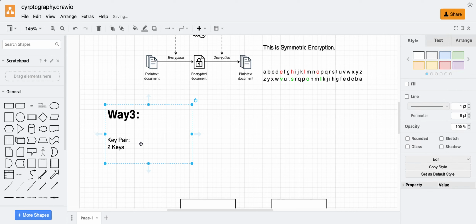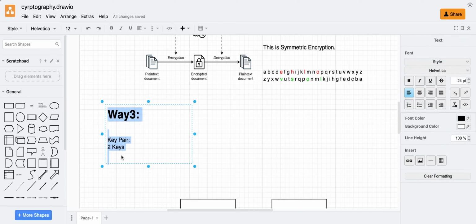The same key cannot be used to decrypt that message. So I have key 1 and key 2. If my message is encoded with key 1, it can only be decoded with key 2. If my message is encoded with key 2, it can only be decrypted with key 1, vice versa.